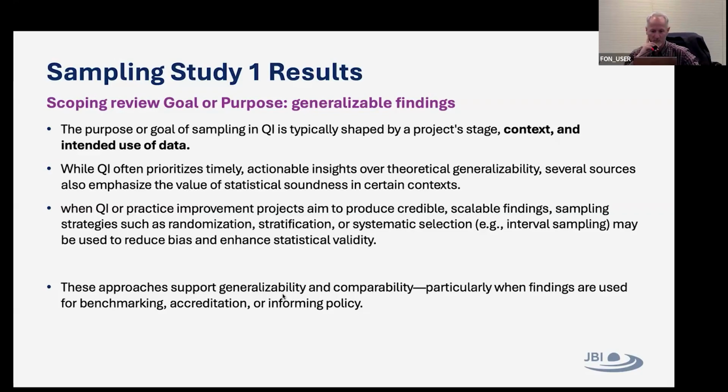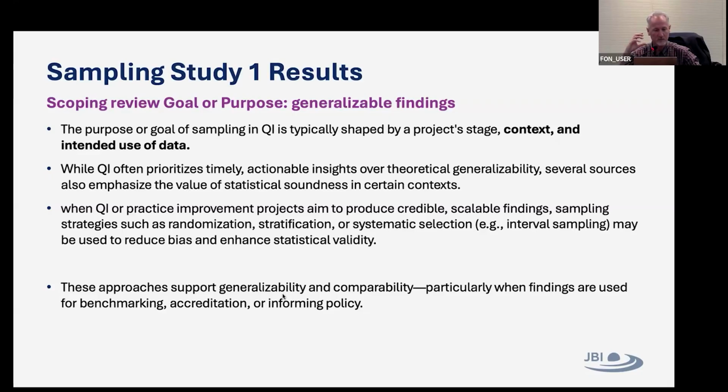So some sources really did emphasize the value of statistical soundness, but that's in specific use cases. It was looking at QI or practice improvements that were generally larger, probably funded. We talked about an example from the British NHS this morning about a large funded piece of work.